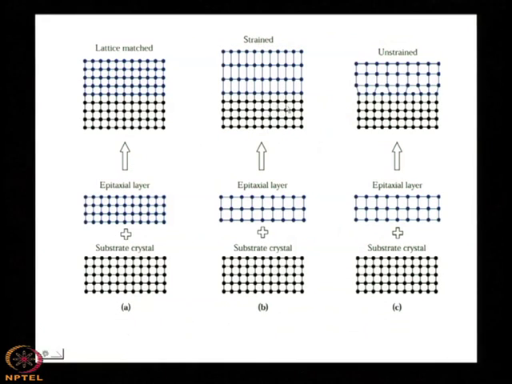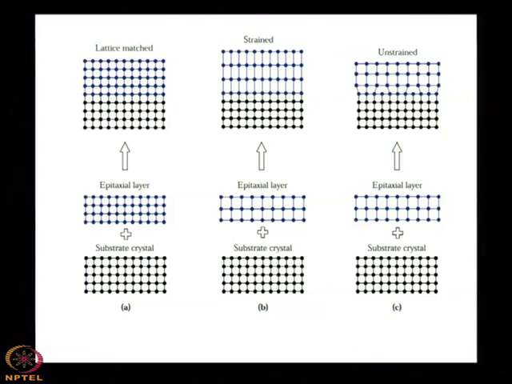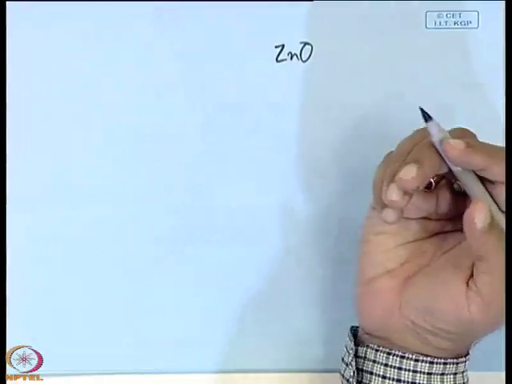Here you see that when we talk about the substrate and the layer, there is no guarantee that your epitaxial layer will always have the same lattice constant as your substrate, because it is not always available. Say zinc oxide is one material for which a matching substrate is not available.